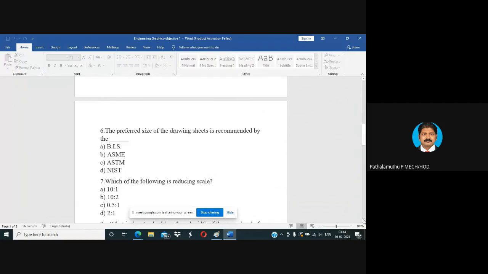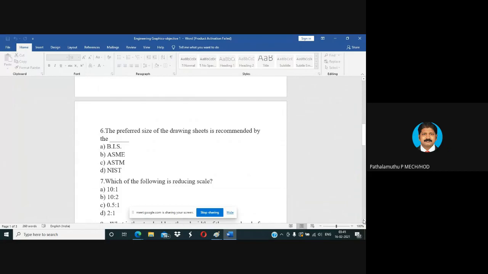ASTM means American Society for Testing and Materials. NIST means National Institute of Standards and Technology. The correct answer is Bureau of Indian Standards, BIS. So the answer for the sixth question is A, BIS.